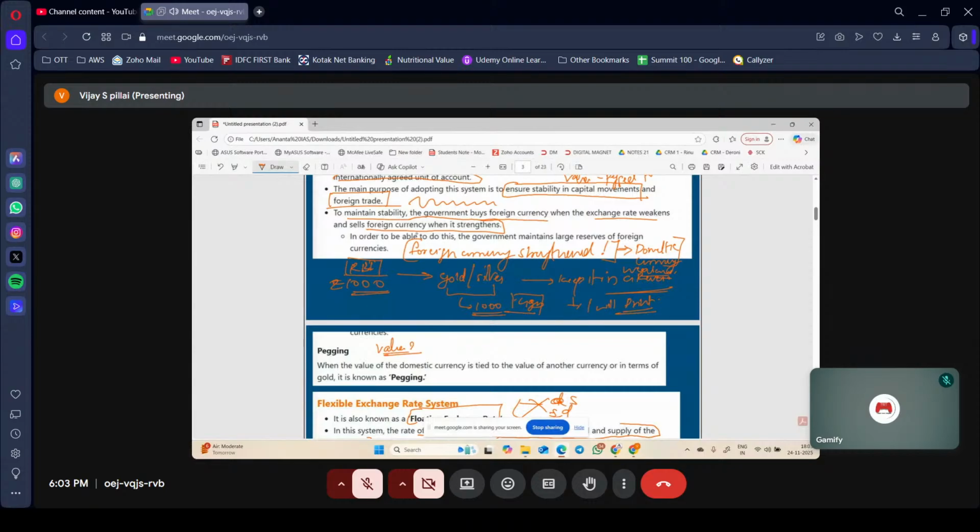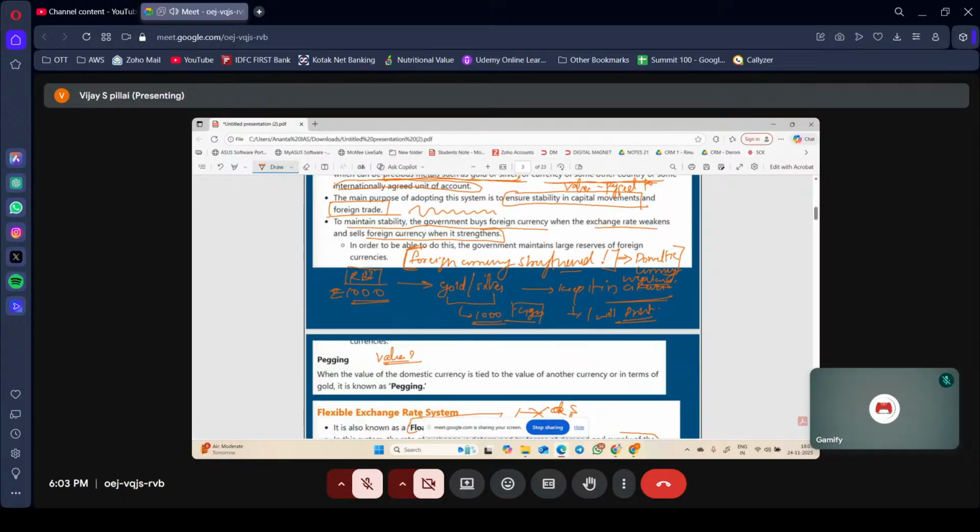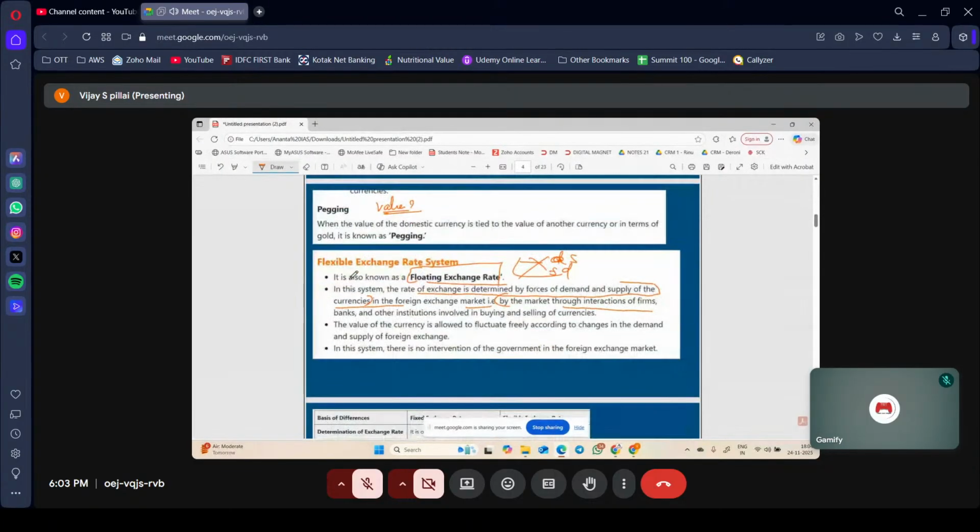This is what we can infer from foreign currency strengthened, it means domestic currency weakened. This is the purpose of the fixed exchange rate system.